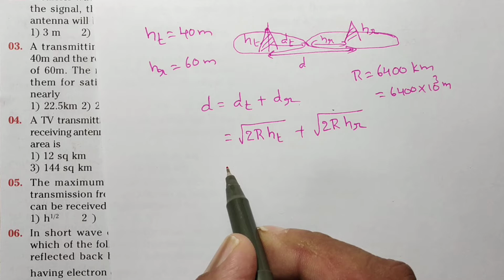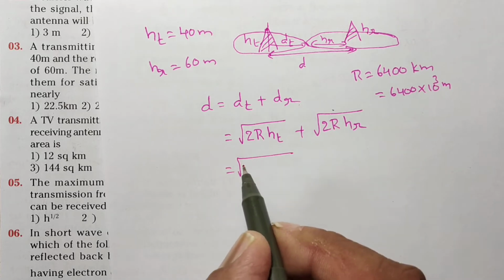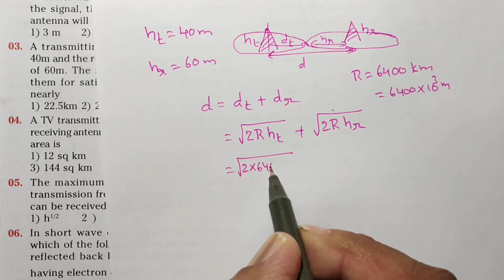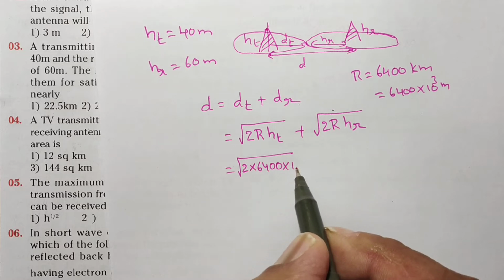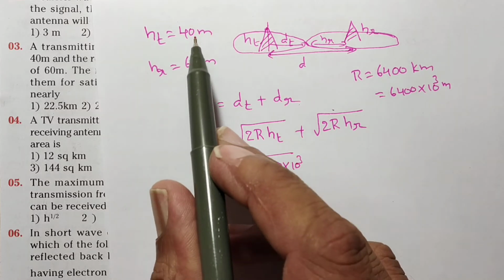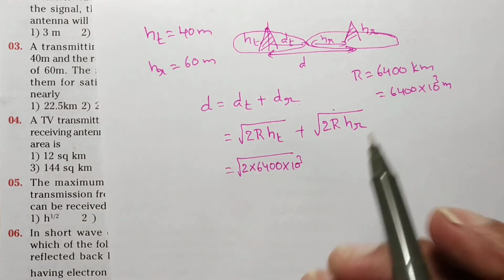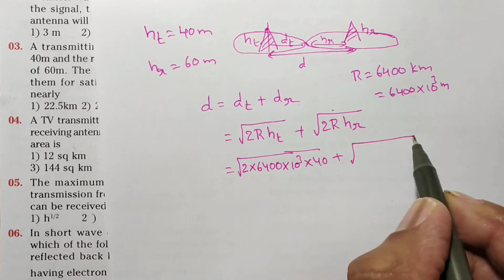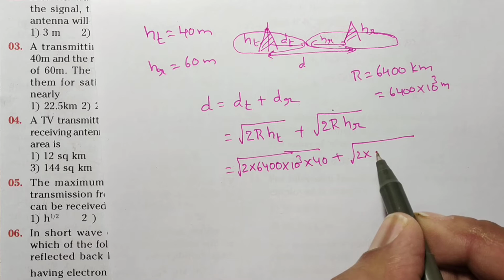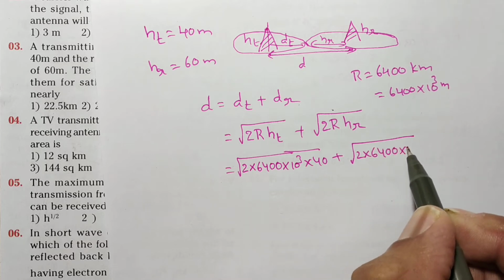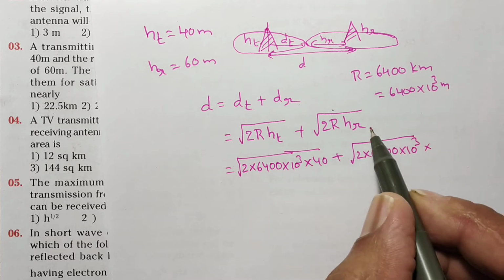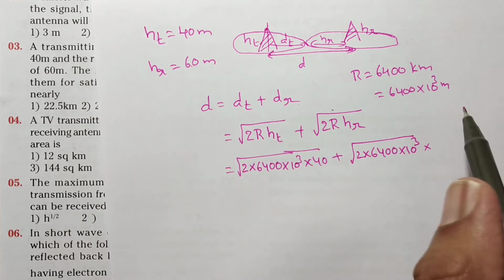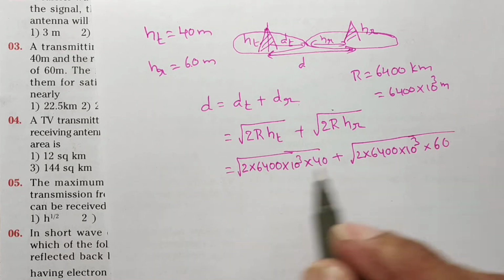So we substitute the values: square root of 2 into 6400 into 10 to the power of 3 into 40, plus square root of 2 into 6400 into 10 to the power of 3 into 60.